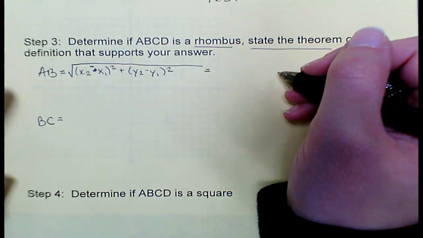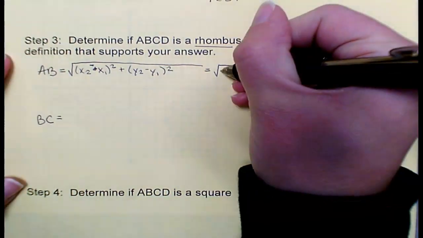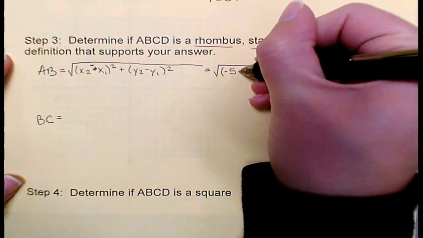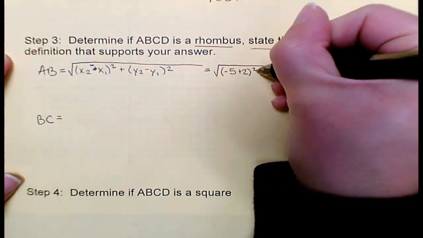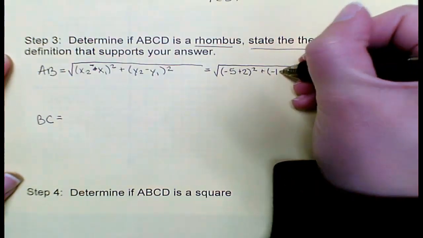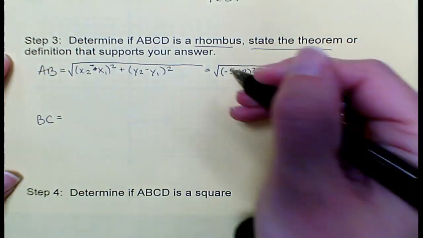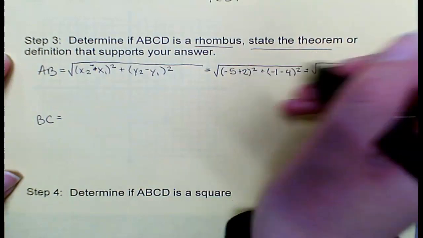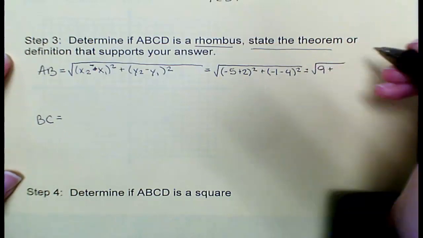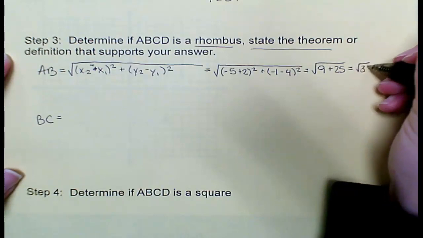So my x's for A and B, I have -5 minus -2, so plus 2 squared, plus -1 minus 4 squared. -5 plus 2 is -3. -3 squared is 9. -1 minus 4 is -5. -5 squared is 25. And this is the square root of 34.